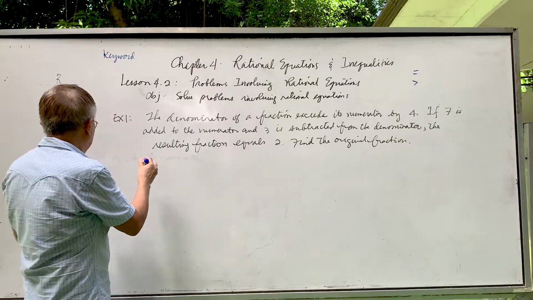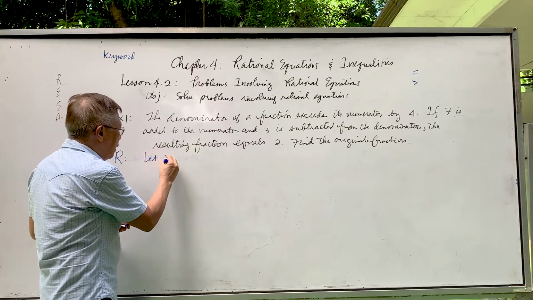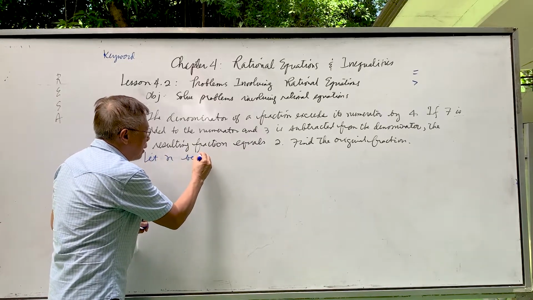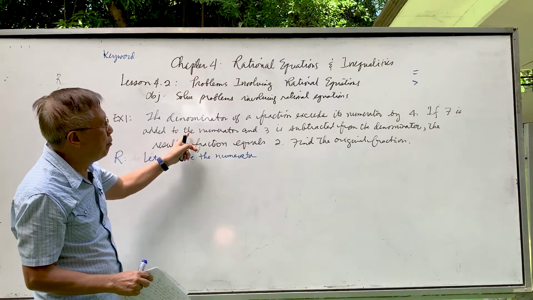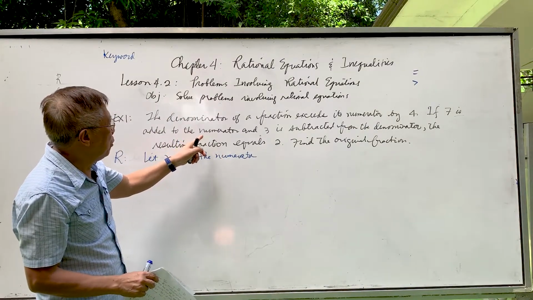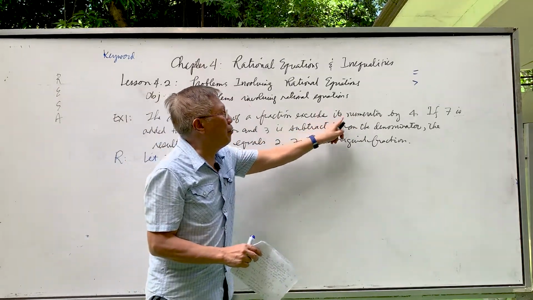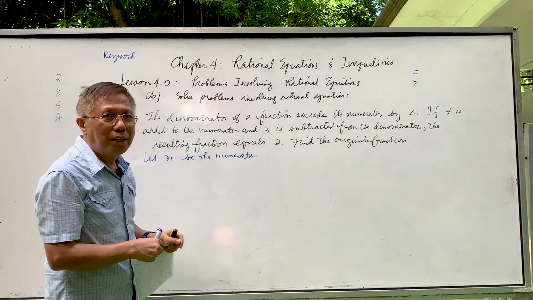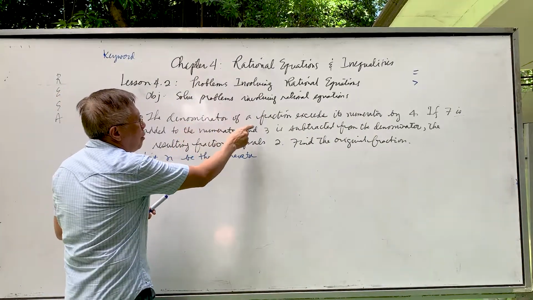Okay, for our representation here, we will let n be the numerator of the fraction. We are expressing the denominator using this numerator here. So this is a reference variable, the numerator. Now, if n is the numerator, how will we have the denominator?